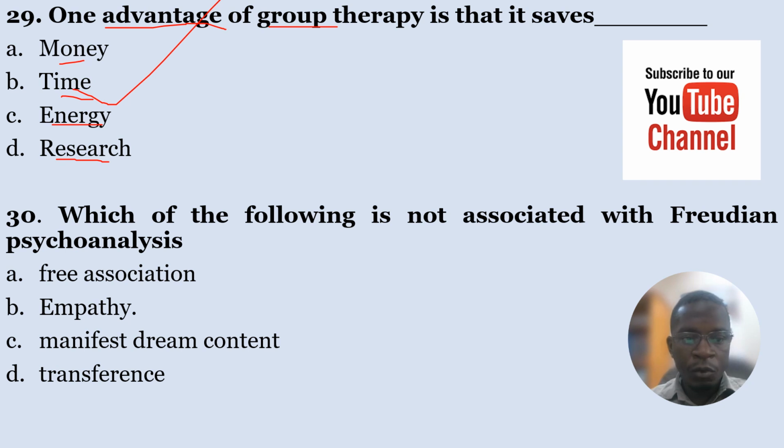Number 30, which of the following is not associated with Freudian psychoanalysis? A. Free association. B. Empathy. C. Manifest dream content. D. Transference. When you look at all the four options, you realize that free association and dream content and transference are all part of psychoanalysis.